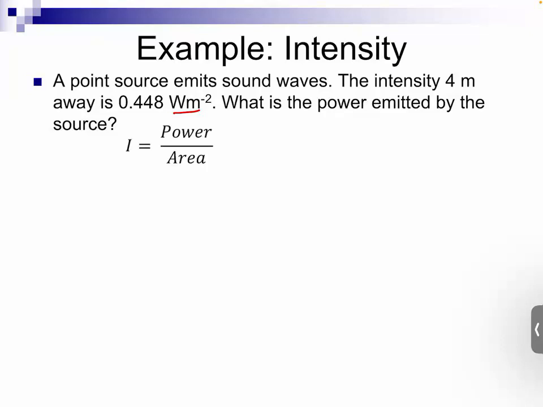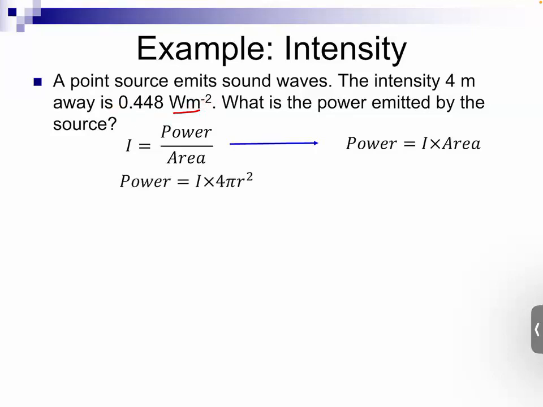It's a rather straightforward application of the definition. Intensity is defined as power divided by area. What we want to find is power, hence power equals intensity times area. The intensity is given, in watts per meter squared.